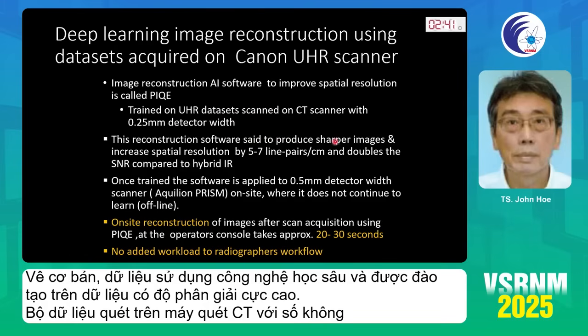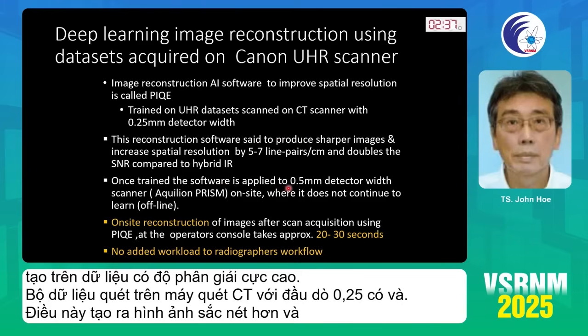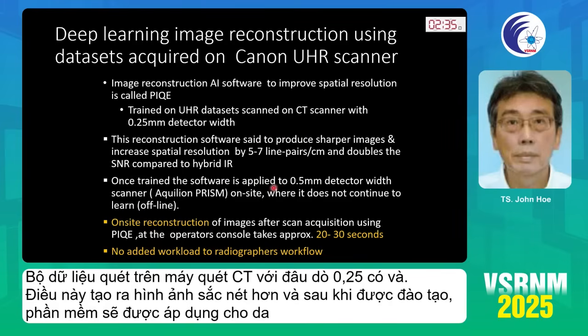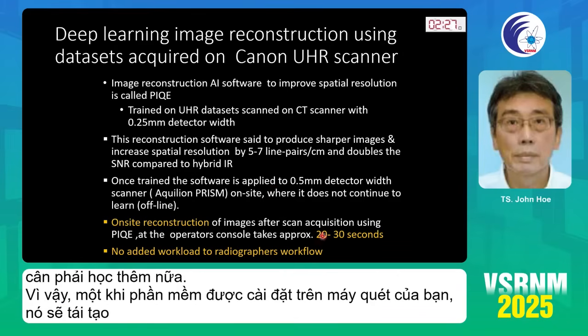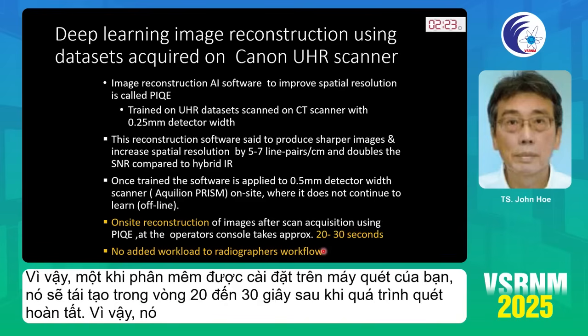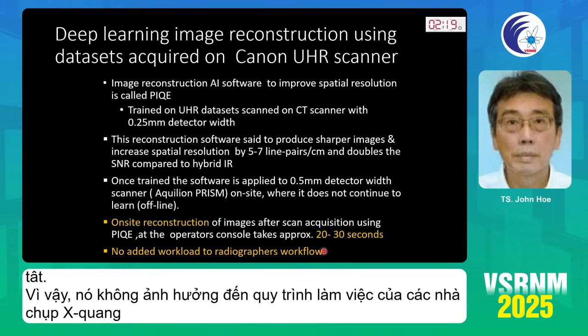And this produces sharper images. And once trained, the software is applied to the scanner on site, where it doesn't learn anymore. So once the software is installed on your scanner, it will reconstruct within 20 to 30 seconds after the scan is done. So it doesn't affect the radiographer's workflow. Once you scan, in 30 seconds, you get the images.